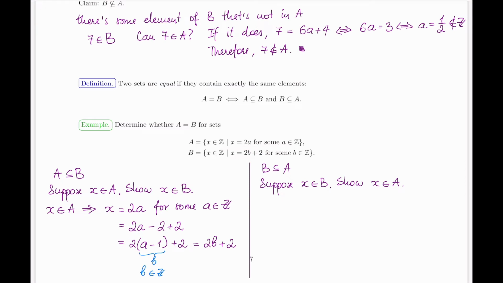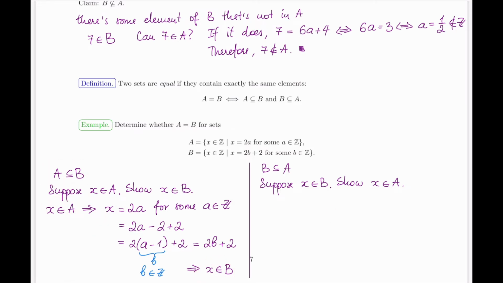So this immediately implies that X belongs to B. We started off by assuming X is in A, and through a series of logical statements, proved that that implies that X belongs to B. Therefore, A is a subset of B.